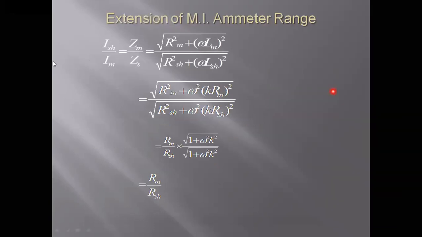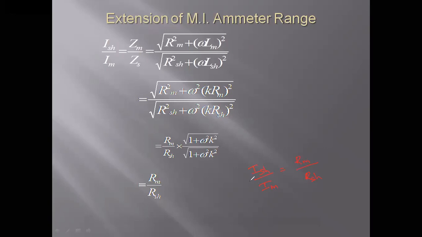But here we have ISH by Im equal to Rm by RSH when the time constant of the meter is the same as the time constant of the shunt.